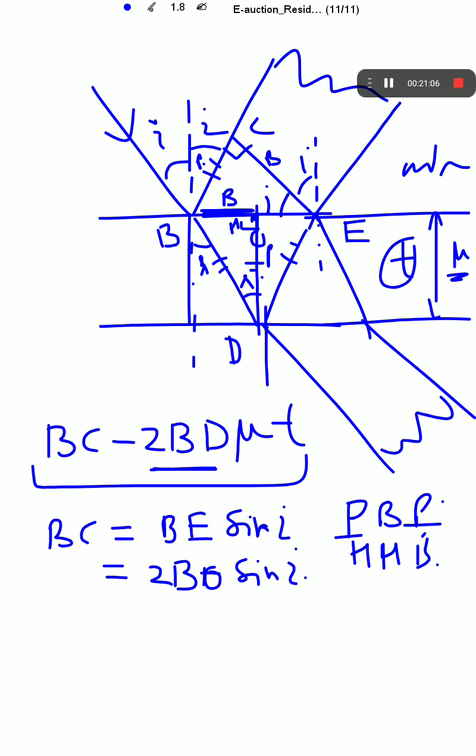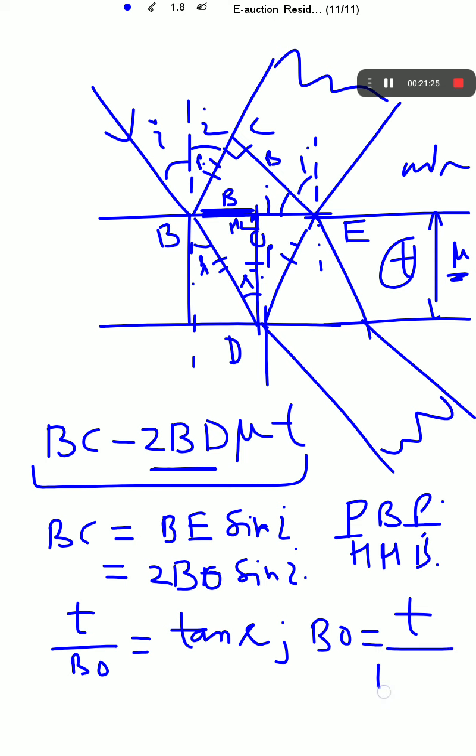Alright, so P is basically T here. So T divided by BO equal to tan of R. So I can write BO is equal to T divided by tan of R. Very simple.